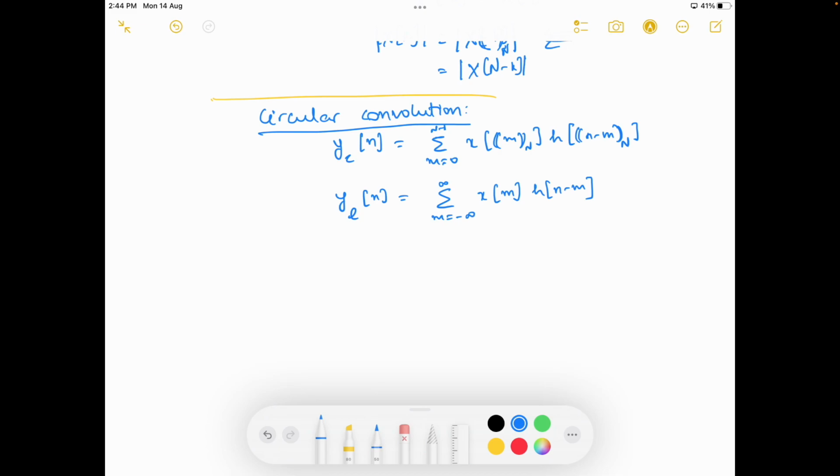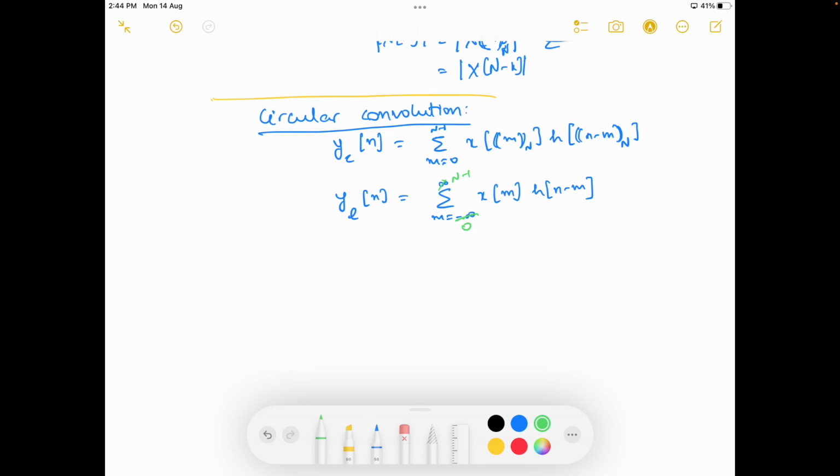What is the relationship between the two? Now I can write this as summation m equal to 0 to N minus 1, if my x of m, I know it's only non-zero between 0 to N minus 1. So this is my linear convolution. Everything is the same, only the modulo thing is extra.